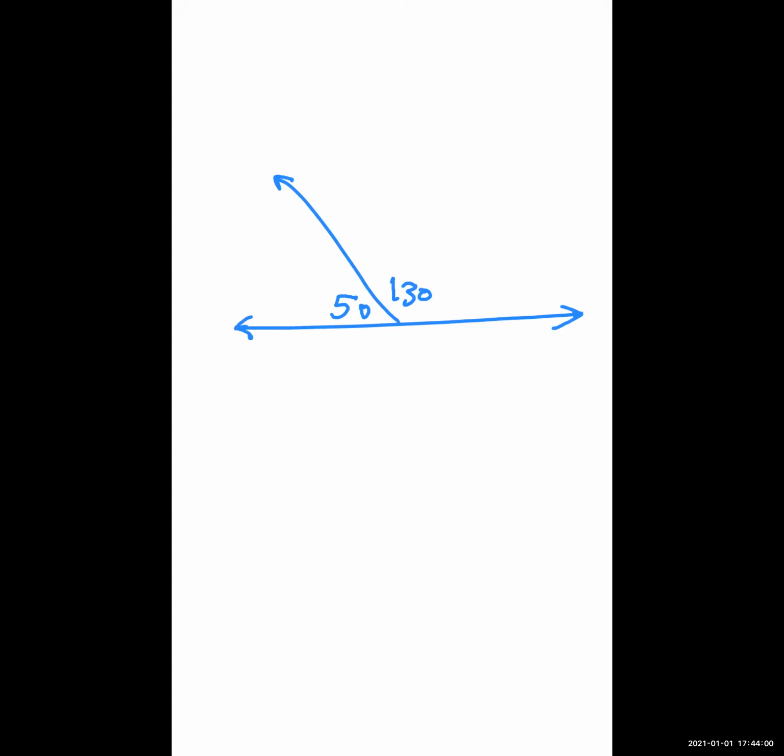So this is two supplementary angles, and also they are adjacent. So the outer sides, I mean, for the two angles, I mean this one and this one, actually they are on the same straight line.